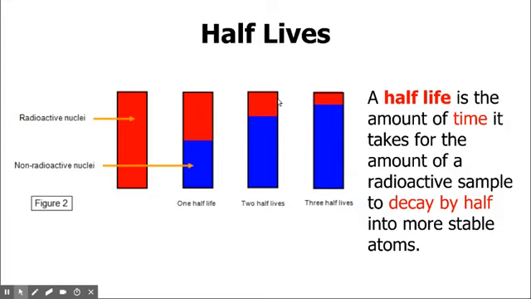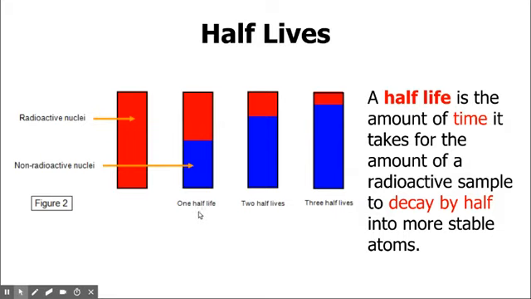Obviously, half of 25 is 12 and a half, and in theory that works, but in actuality, you can't have half of an atom. So at this point, let's just say we had 12. So if we have 12 atoms left over after 3 half-lives, the remainder would be our stable nuclei.